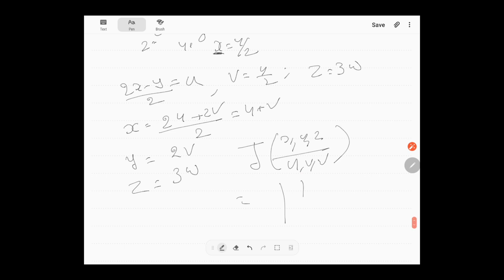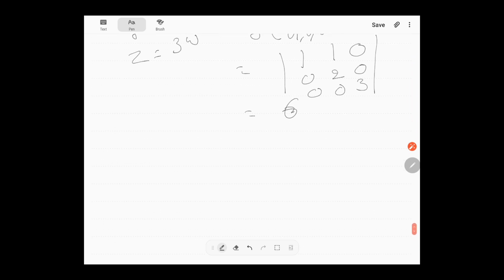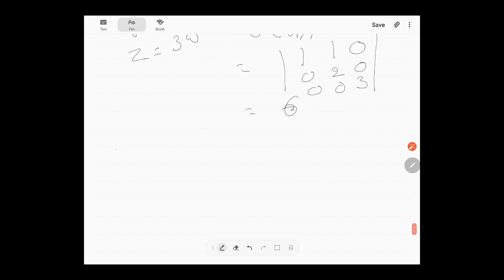∂x/∂u is 1, ∂x/∂v is 1, ∂x/∂w is 0, and similarly the rest, with 0, 0, 0, 3, because it's an upper triangular matrix. The product of the principal diagonal is the determinant, therefore it is 6. 6 is the Jacobian value. Now, what happens to this given integral from 0 to 3, 0 to 4, y by 2 to y by 2 plus 1?